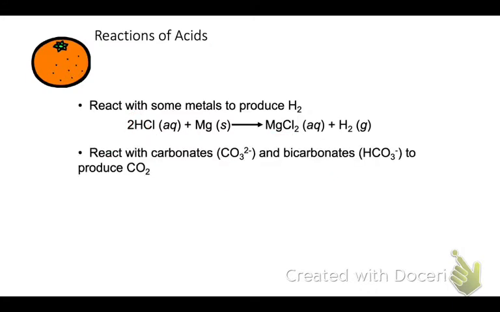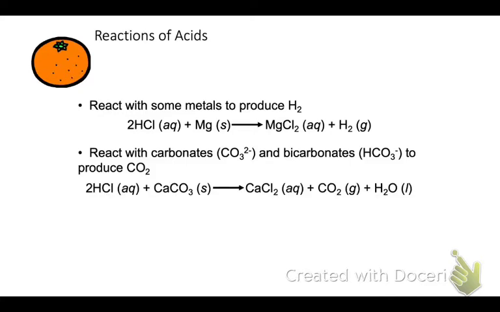Acids react with carbonate and bicarbonate to produce carbon dioxide. So here is an example. Hydrochloric acid reacts with calcium carbonate to give me calcium chloride, carbon dioxide, and water. Now again, this is actually a double replacement reaction, so I don't want you to get confused about this. Calcium replaced hydrogen in hydrogen chloride, and hydrogen replaced calcium in calcium carbonate.